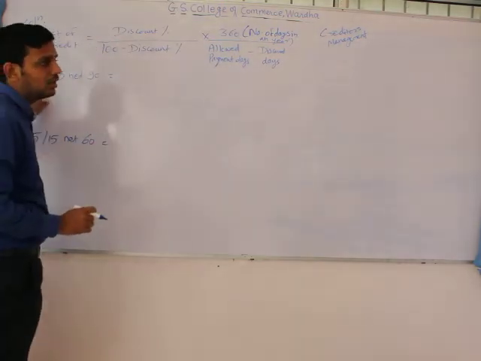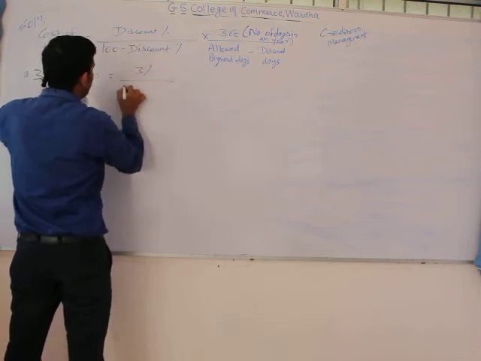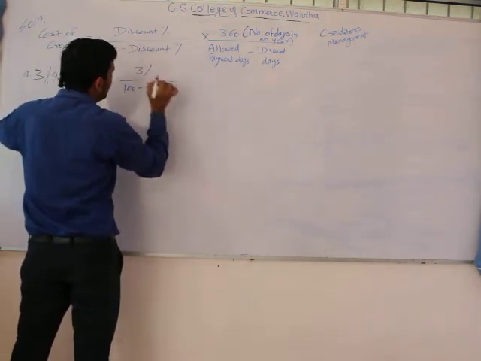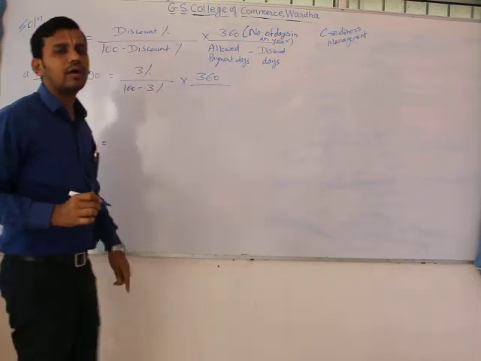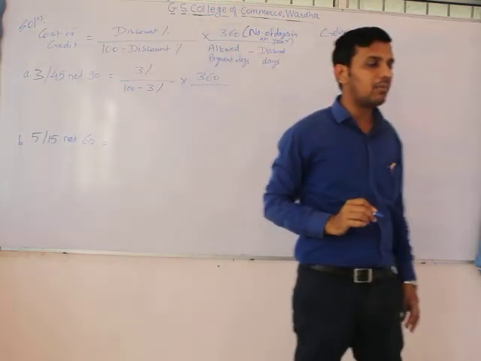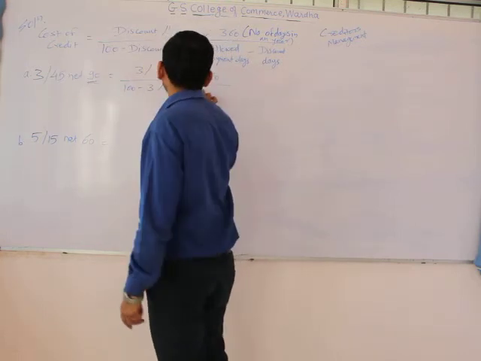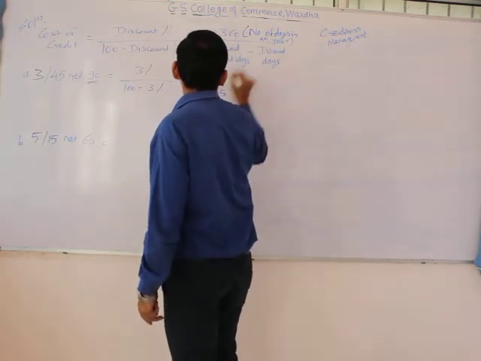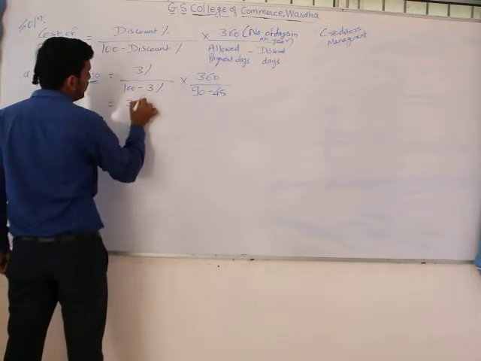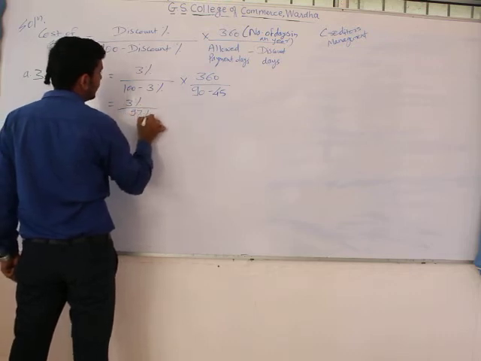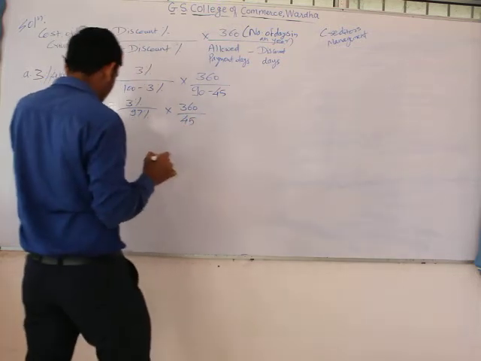For the first policy, 3/45 net 90, discount percent is 3% divided by 100 minus 3%, multiplied by 360, as I have assumed 360 days in a year, divided by allowed payment days 90 minus discount days, if we make early payment, 45. Therefore 3% divided by 97% into 360 divided by 45.